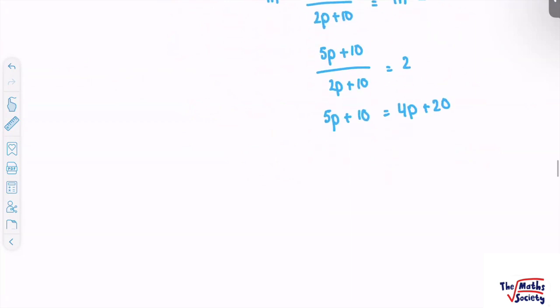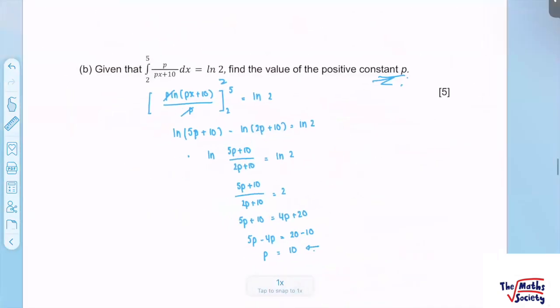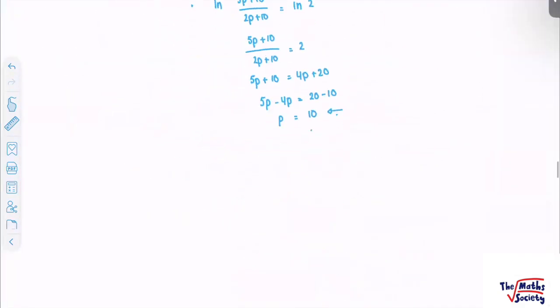So 5p minus 4p equals 20 minus 10, so p equals 10. And they just asked you to find p. Yep, positive constant p, and we know that it's 10, so it's positive anyway.